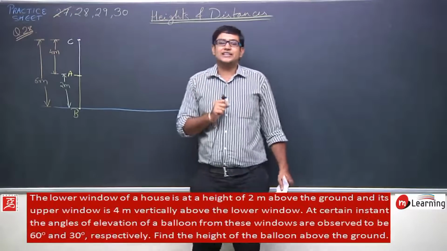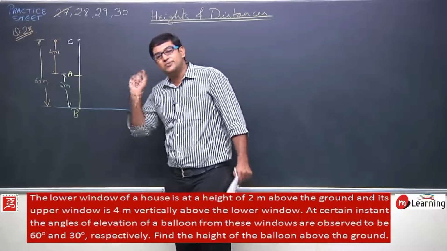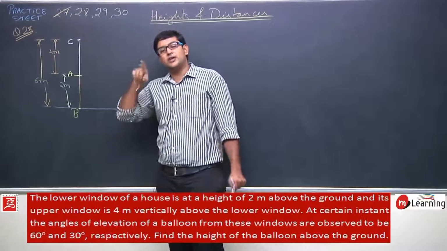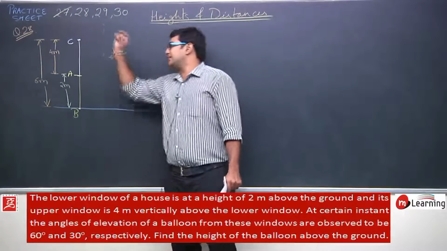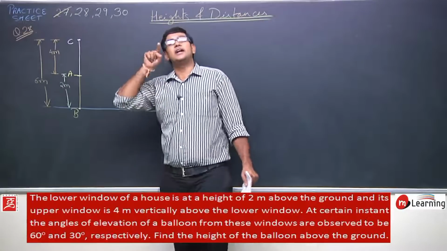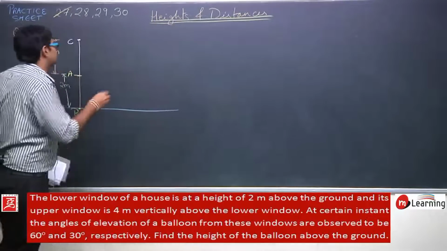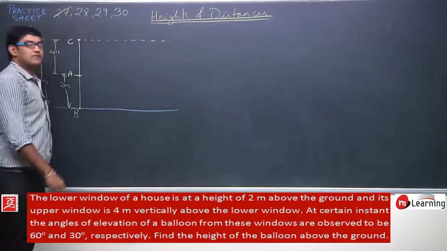But further it said angles of elevation. It means if I am observing the balloon from this point A, then I need to move my head upwards. And if I am observing the same balloon from this C window also, then also I need to move my head upwards. It means the balloon is above the horizontal level of this C window.